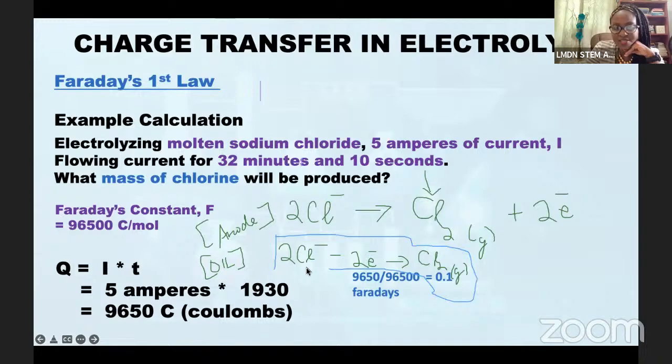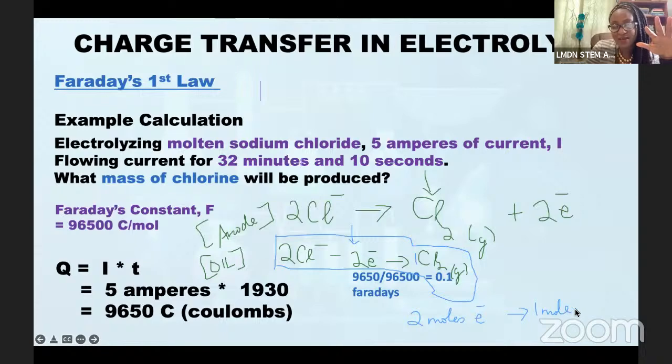But let's just look at this equation, right? This equation is telling us that 2 moles of electrons, 2 moles of e, is what gets transferred in the general stoichiometric equation to give you 1 mole of chlorine, right?